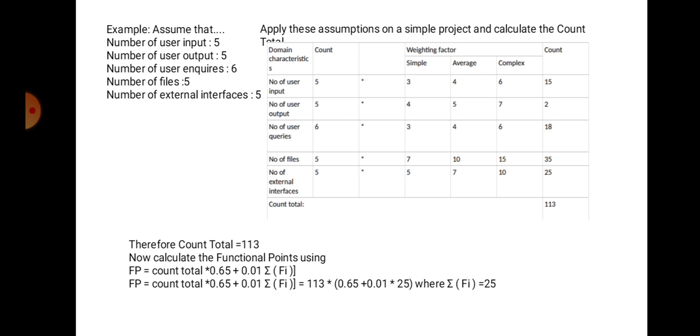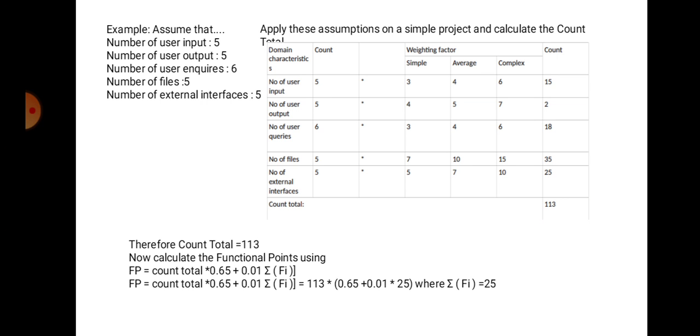So the total count we found here is 113. Therefore the total count is 113. Now calculate the function point using FP is equal to total count into 0.65 plus 0.01 sigma Fi. This is our basic formula to calculate the function point.